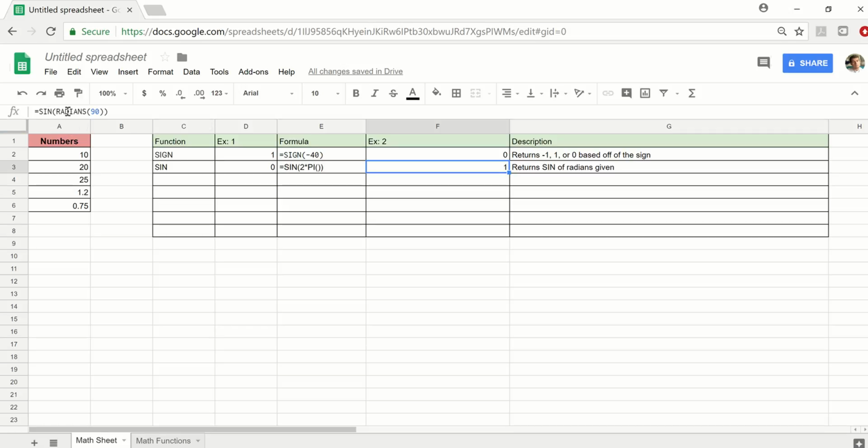Also, you can just do it this way. You can do sine of radians of your degrees. So you do a RADIANS function within your sine function, so that way it'll convert your 90 degrees to radians and then do the sine of that.